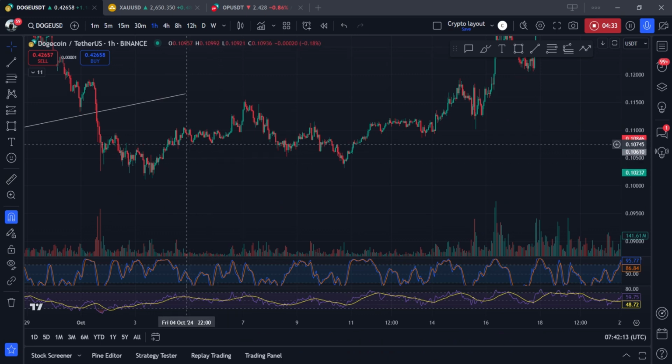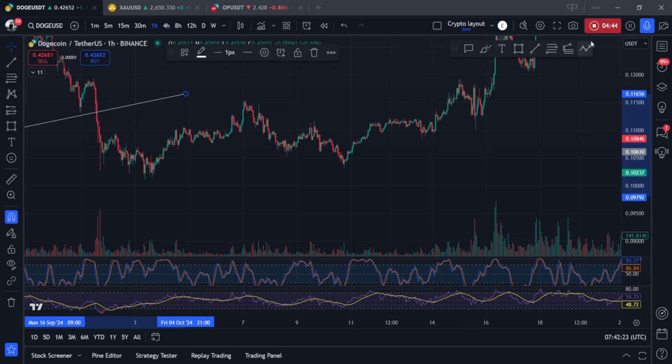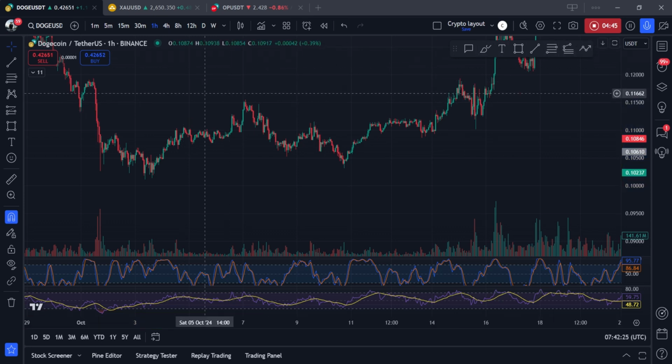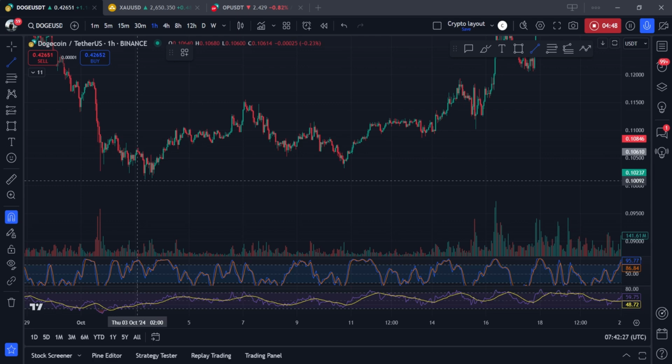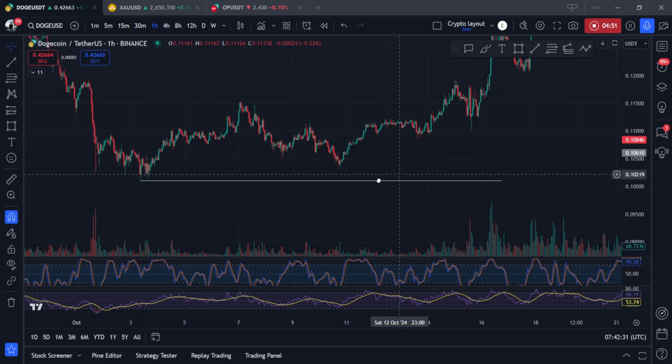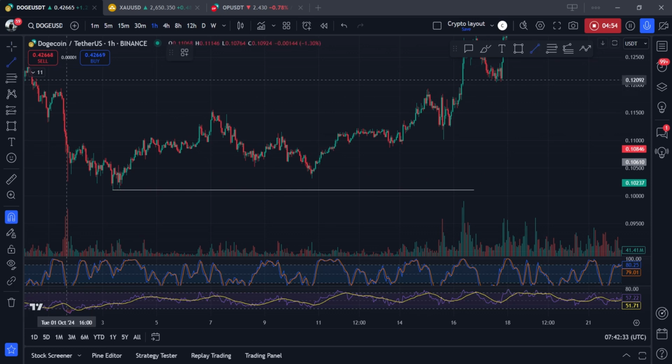Remember, when you are in the middle of a move like this, you know what's best? This is best. Look, it's always best to trade the most external swings, not the internal ones.